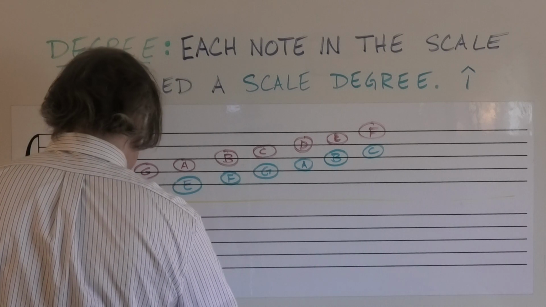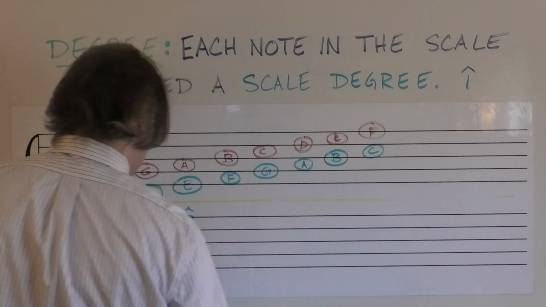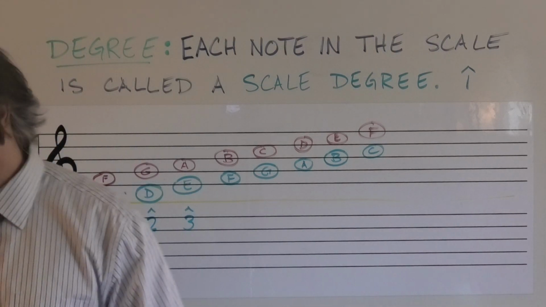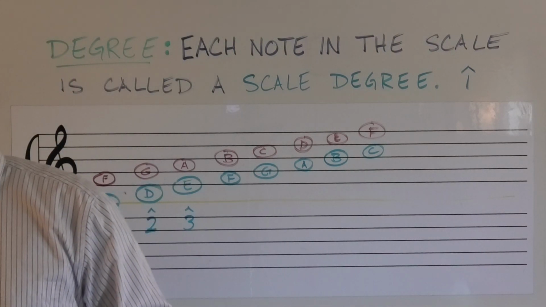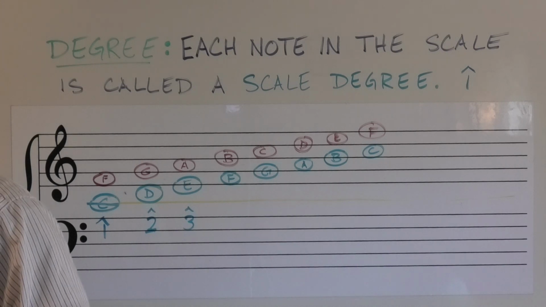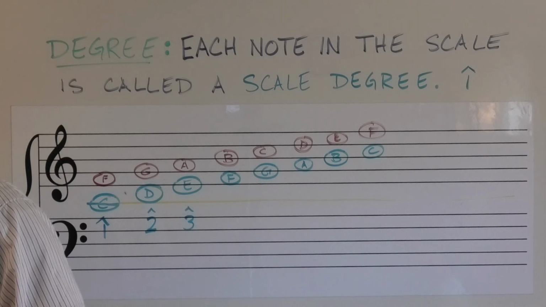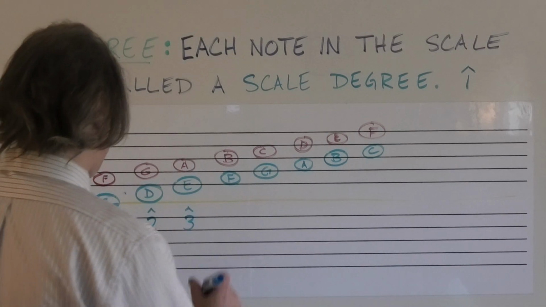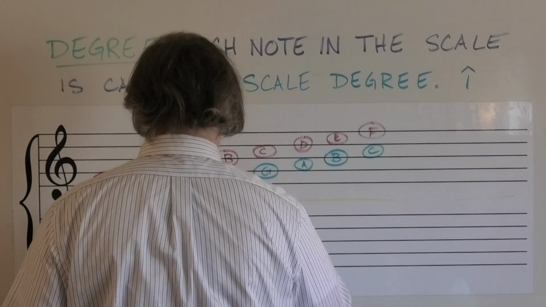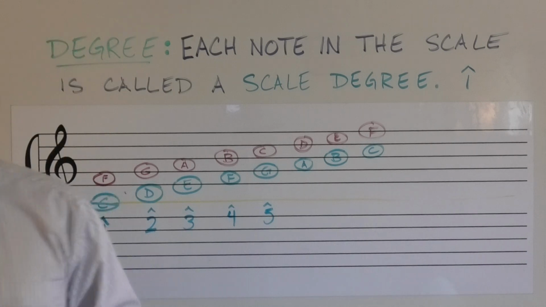Scale degree 2, in the key of C, that is. Scale degree 3. So C is scale degree 1. D is scale degree 2. E is scale degree 3. It's the next step in succession. F is scale degree 4. G is scale degree 5.